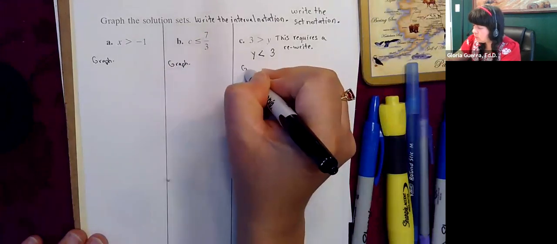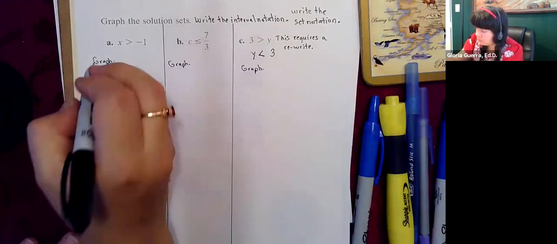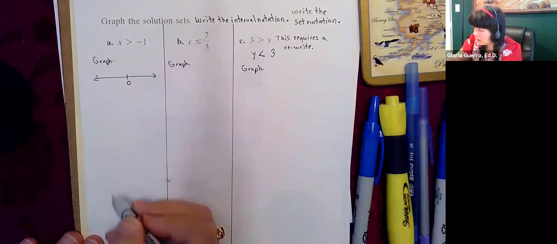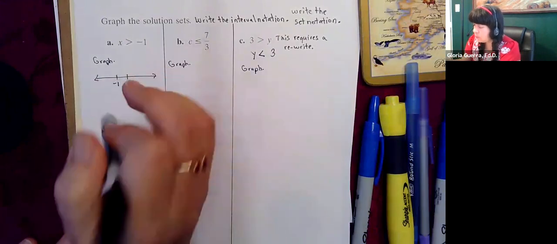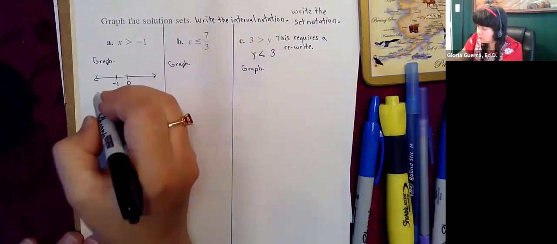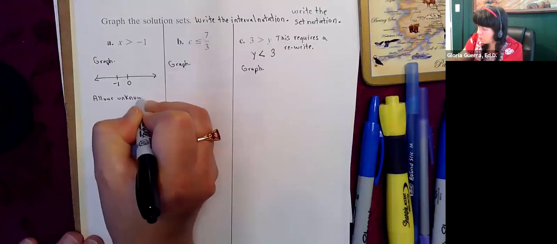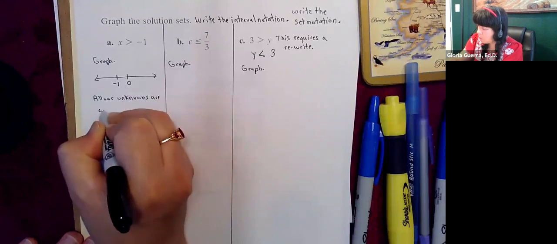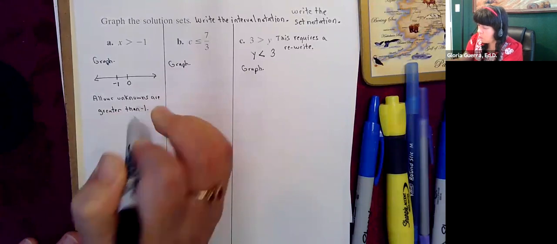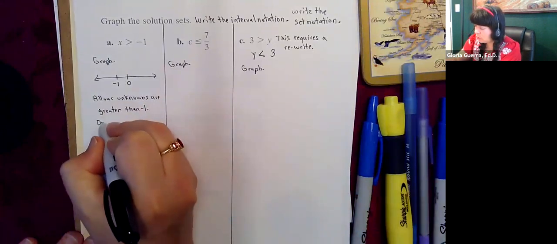Okay, so now we'll be able to graph these. We'll start with this one first. So for the graph, I'll draw a generic number line, and I'll just plot 0 to give me a reference, and then -1 is right here. And this is saying that all our unknowns are greater than -1. Okay, and don't include -1.